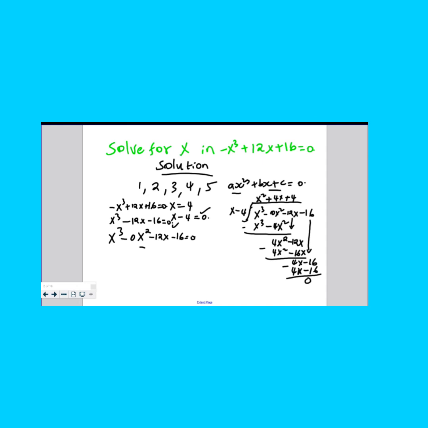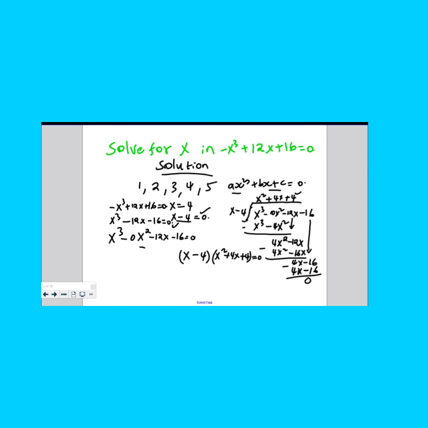From there we say that our roots now are x minus 4, our first root, and the second factor is the quotient we obtained here, x squared plus 4x plus 4, equal to 0. These are now our roots.